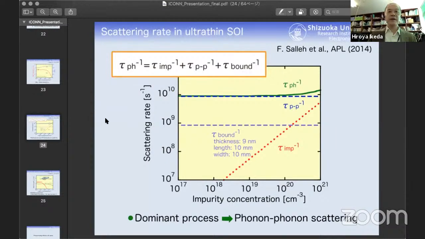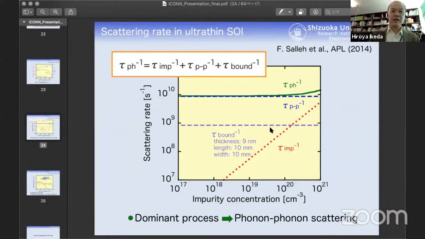The mean free path should be determined by the scattering rate, so we calculate each component of the scattering rates. In this case, we calculate the phonon-phonon scattering, phonon boundary scattering, and the phonon impurity scattering. Of these three scattering components, only the impurity scattering depends on the impurity concentration.